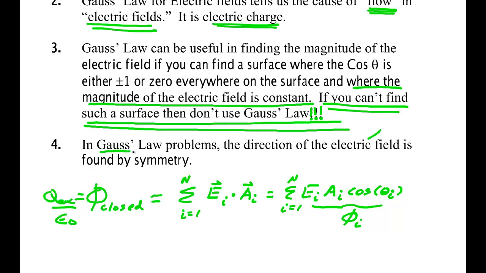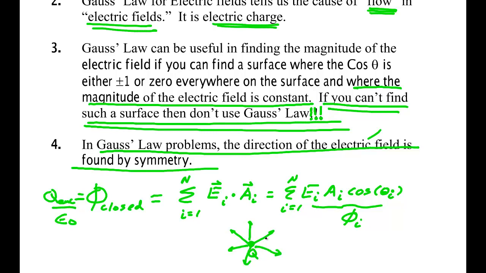Consequently, Gauss's law is really about symmetry problems, and it doesn't tell you anything about the direction of the electric field. You have to know that, like if you have a charge, you know the field lines go like this. Then if you can tell me the magnitude, I can tell you the direction. You're going to get the direction from the symmetry.